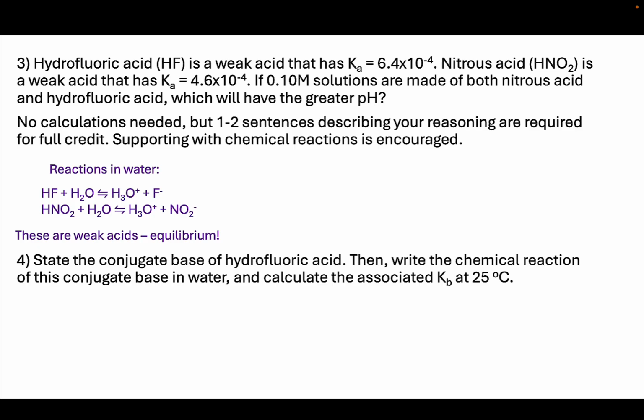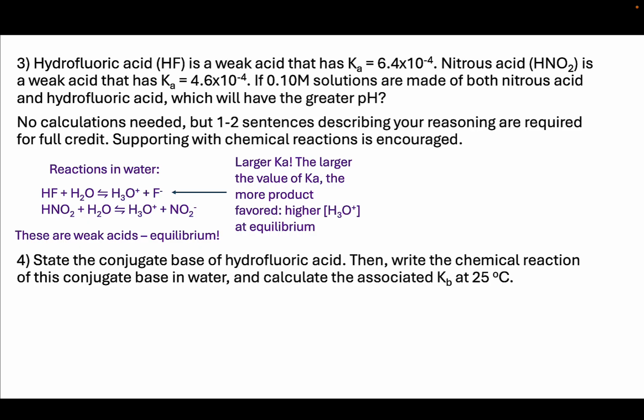The same goes for our HNO2. We have partial dissociation. The extent to which these dissociate is determined by Ka. Because hydrofluoric acid has a higher Ka, it's more product favored, and that means it's going to have more H3O plus at equilibrium. With that, we can determine the pH.